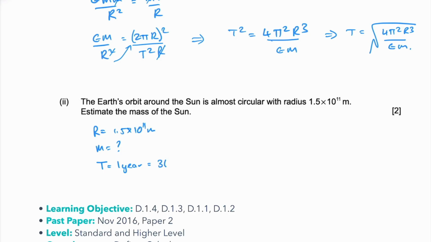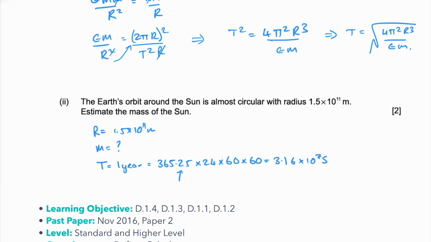So it's 365.25, and that 0.25 accounts for the leap year every 4 years, times 24, we're down to hours, times 60, we're down to minutes, times 60, which gives us a value of 3.16 times 10 to the 7 seconds.